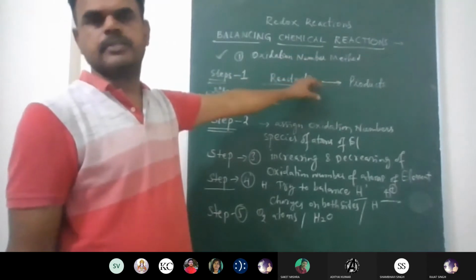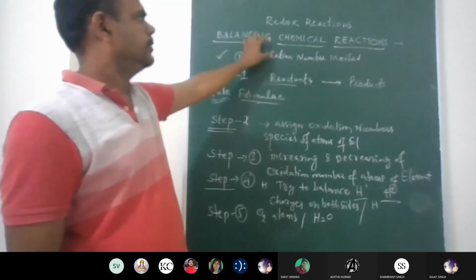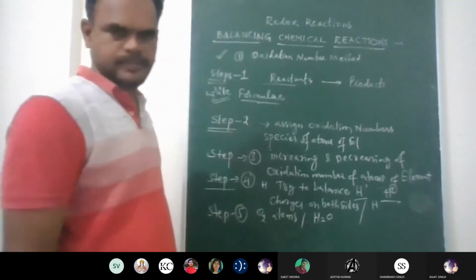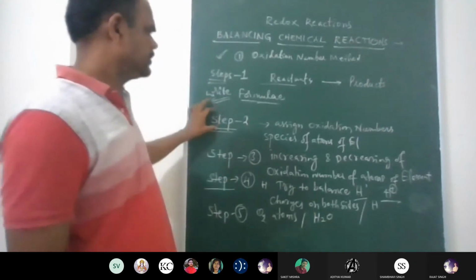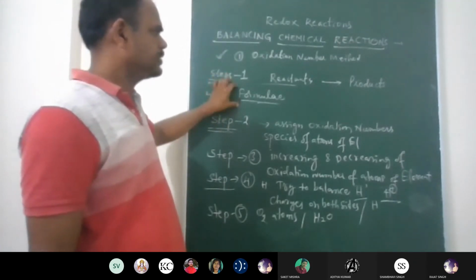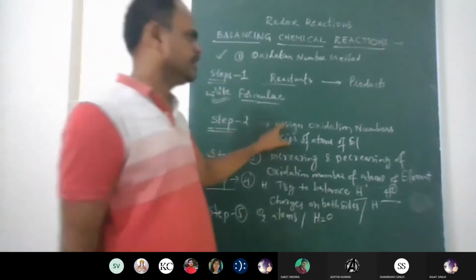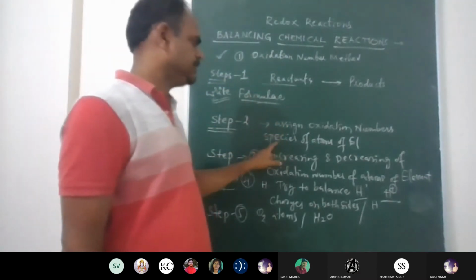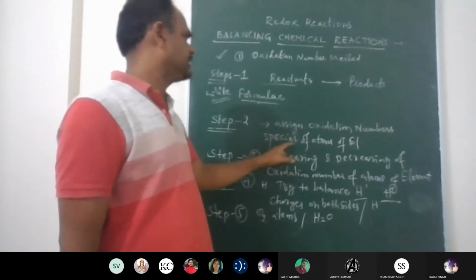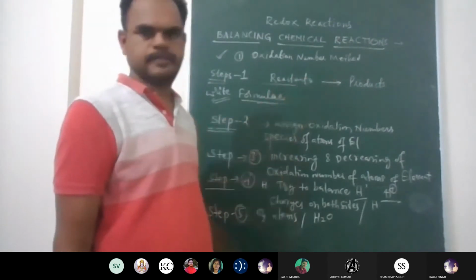In step 2, after writing the formulae, we assign the oxidation numbers of the atoms of elements present in the reactants and the products.